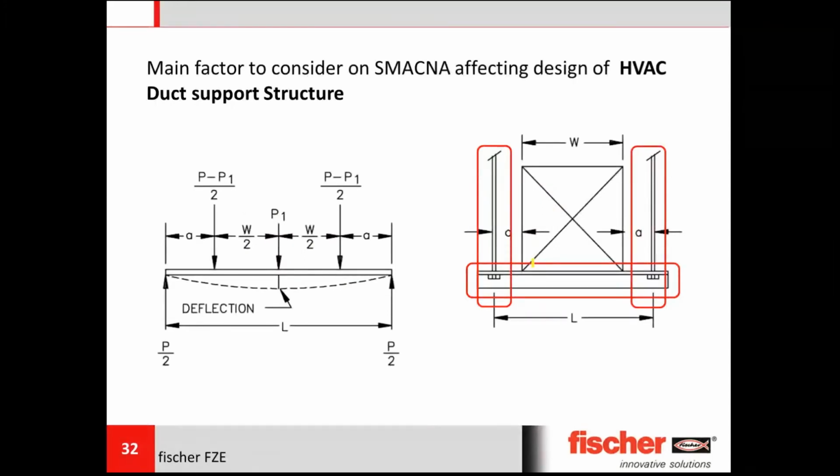So as per SMACNA, there is no uniform distributed load. There should be a main load in the middle of the channel and then two half loads at the corners to make the design a little more critical and to be on the safe side.